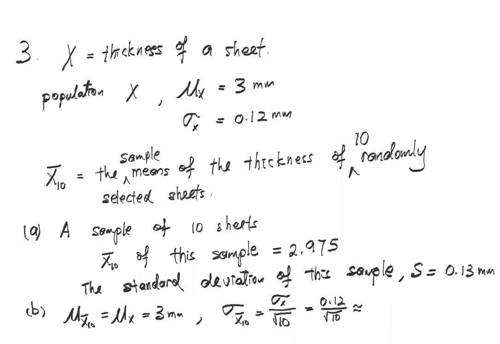So sample standard deviation, you use S to represent it. The variable for part B is the sample mean. The variable for part A is the individual value of 10 X. Understand? You see the difference? So you have to be very clear cut about what is going on here. Okay?